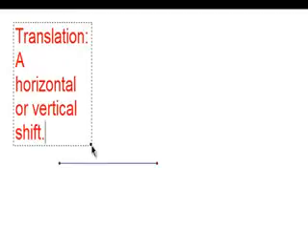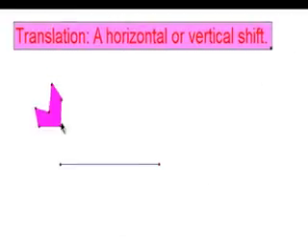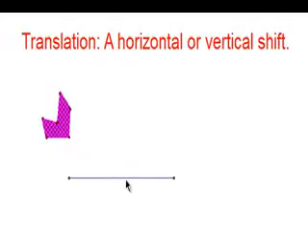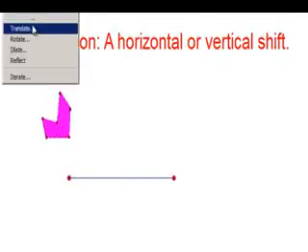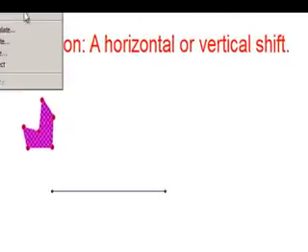All right, and so what we're going to do for a translation is say we have, for example, this figure right here. I want to translate it this far. So this line right here is going to represent how far I want to translate this figure, from this point to this point. So I'm going to mark that, and then I'm going to take all of this and I'm going to translate it that far.